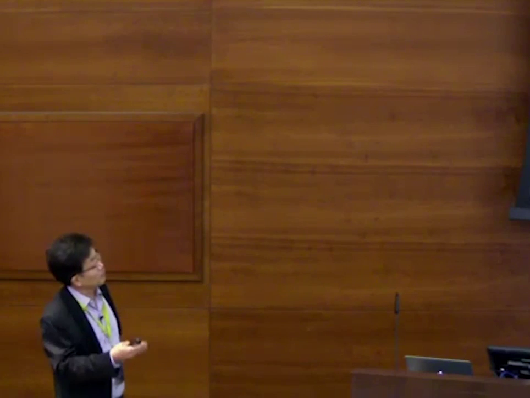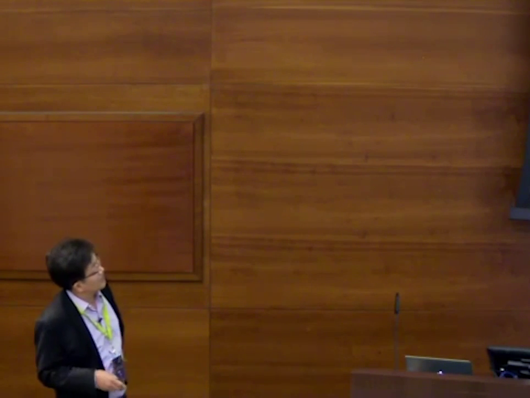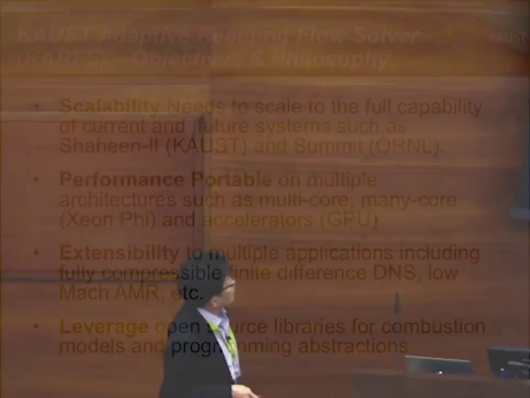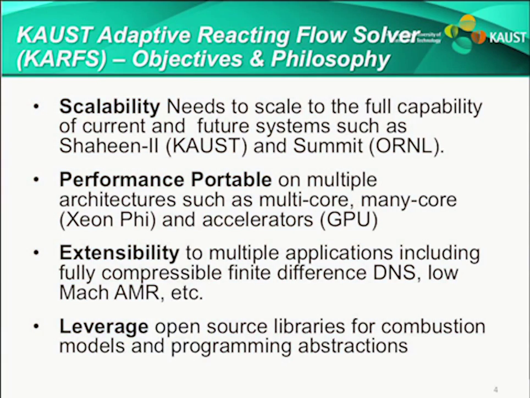So again, S3D is an excellent code, but to be ready for this next generation of massive scale simulation, we need to do some work. I started this project since I joined KAUST, in collaboration with Oak Ridge National Lab, Ron and Sankaran. The main objective and philosophy is the following.